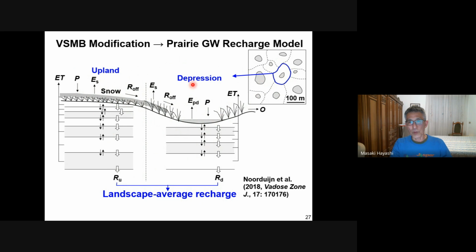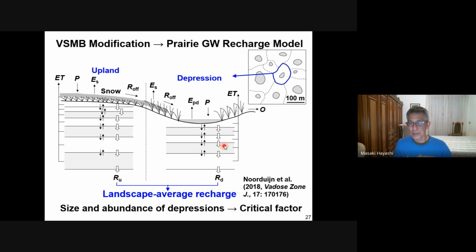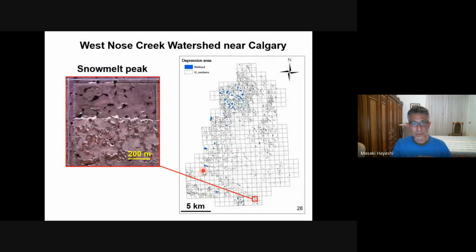This model calculates the water balance for upland and depression separately, and then looks at the recharge from both upland, which is usually 0, and depression, and then calculates the landscape average recharge. It turns out that the size and abundance of depressions is a critical factor for this depression-focused recharge.